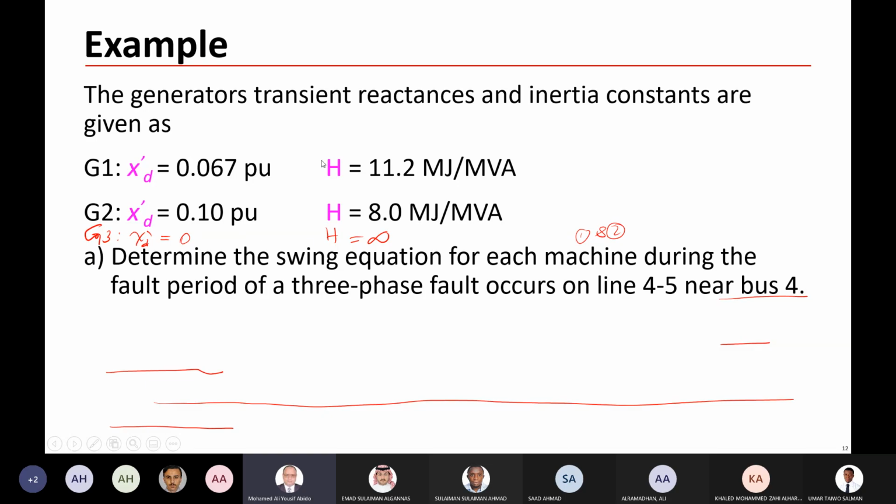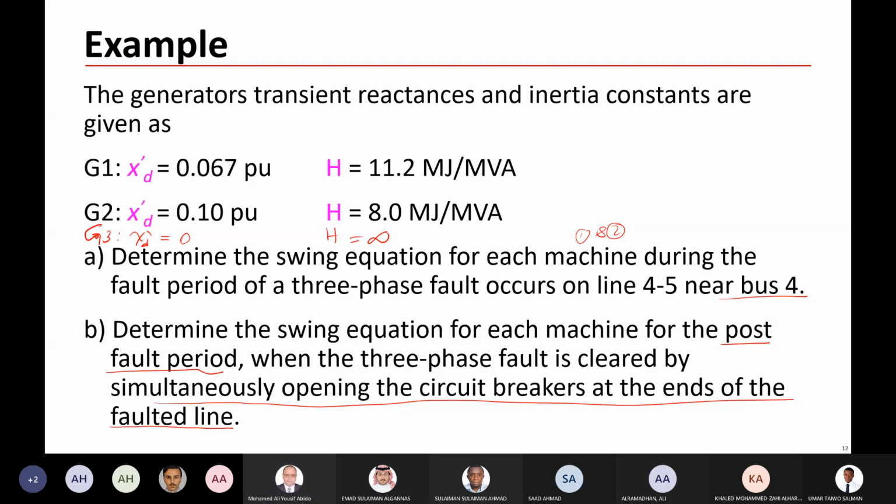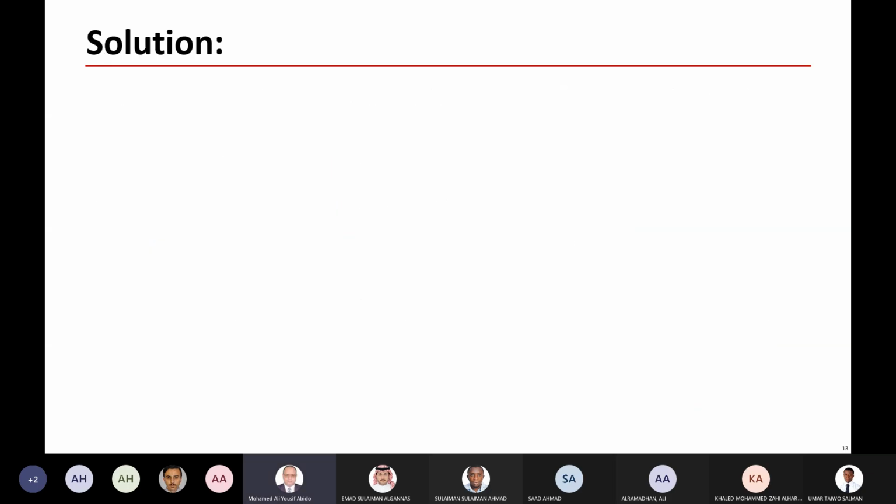So this is given for the same base, so we take all these values right away. Otherwise, if the system base is different than the machine base, you have to adjust the H, and also you have to adjust the XD prime. And we already covered this at the beginning, how to adjust H.